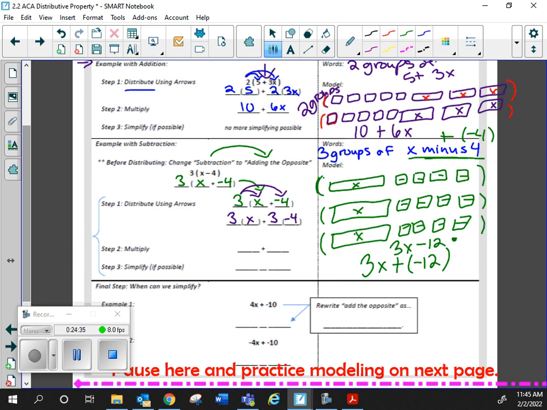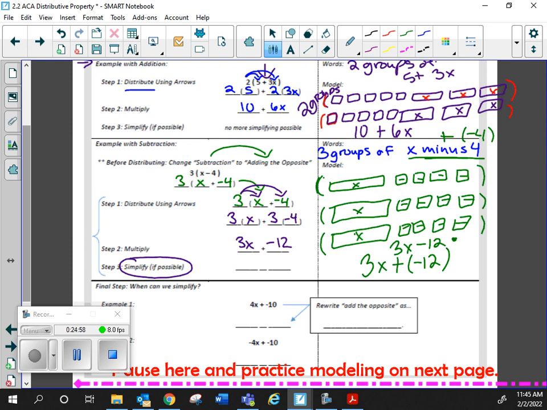Okay, now let's actually multiply that. 3 times X just gives me 3X plus 3 times negative 4, because signs are different, negative, that's 12. Okay, that is technically correct, but I can simplify because I can rewrite that.